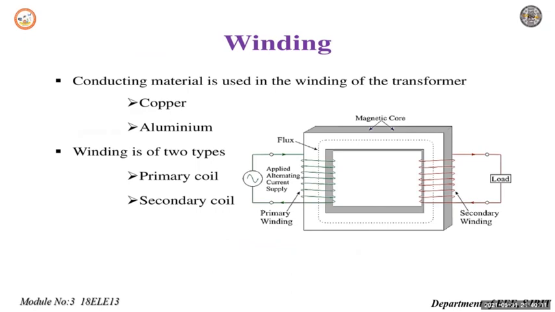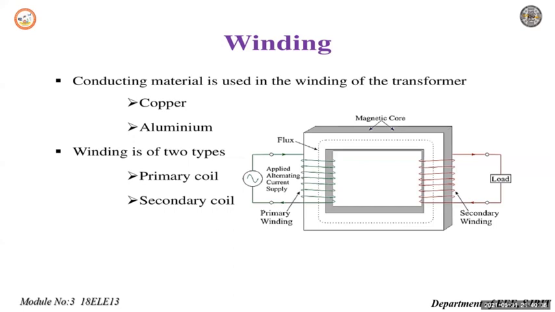The regulation is defined as the change in the magnitude of the secondary terminal voltage when full load, that is rated load of specified power factor supplied at rated voltage, is reduced to no load with primary voltage maintained constant, expressed as a percentage of the rated terminal voltage.